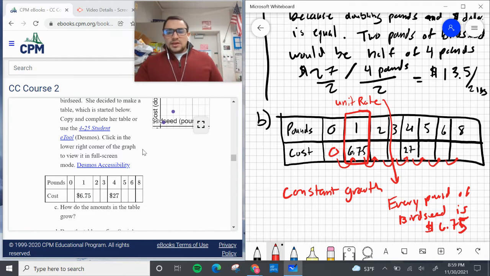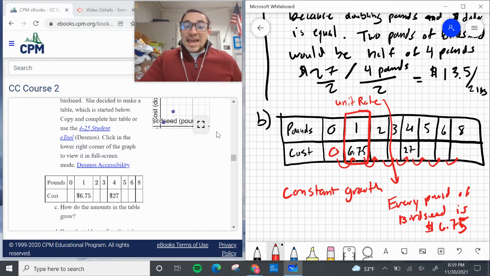So that means every time we go up 1 pound of birdseed, it's going to go up in value by $6.75. So that is our constant growth. And that's going to be for every single part.